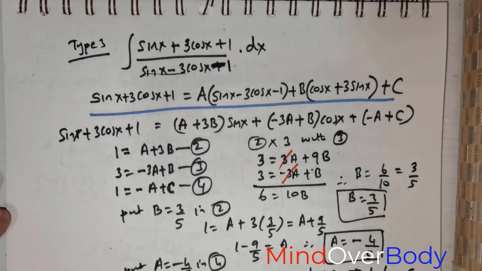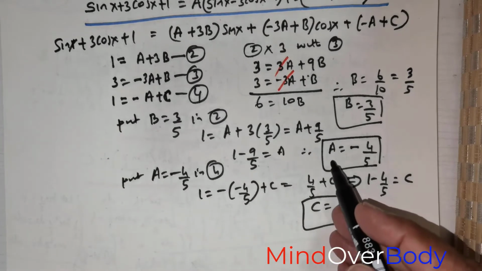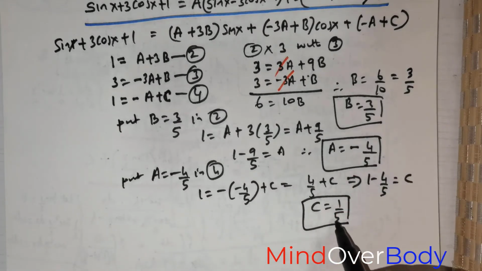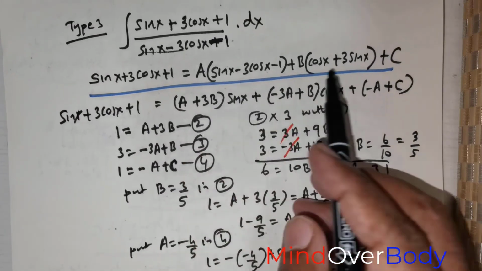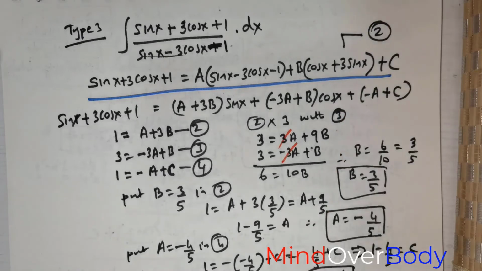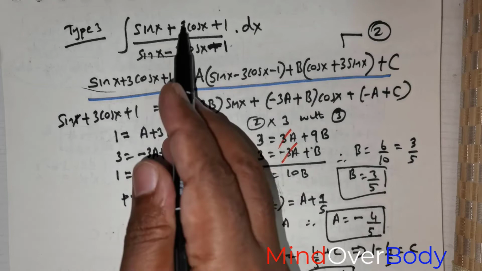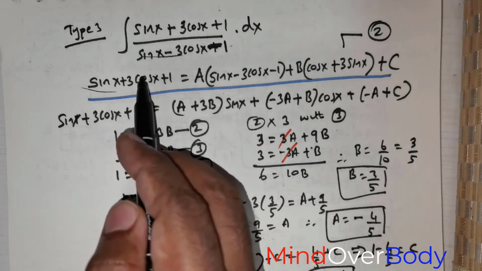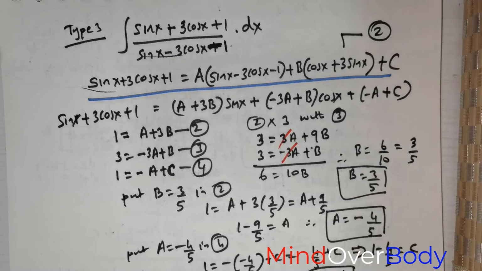So students, having obtained the value for a, b and c, what we need to do now is to take these values and substitute them in, say, 2. That's exactly what I'm going to do, and that would mean the numerator which we have just taken here would now be represented with the terms that you can see on the right hand side.